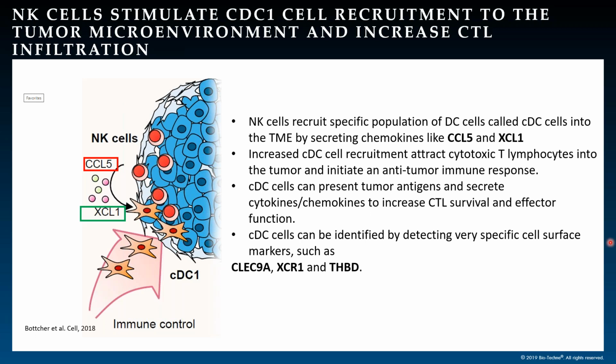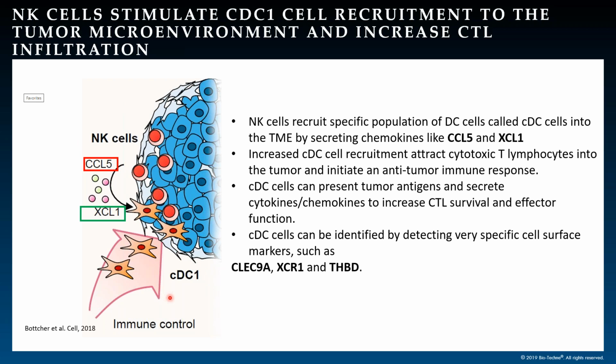So from this paper published from Bocher in Cell, they were able to show that in a tumor microenvironment, NK cells can release soluble factors like CCL5 and XCL1, which recruit DC cells like conventional DC1 type cells, which possess the markers for these soluble factors.